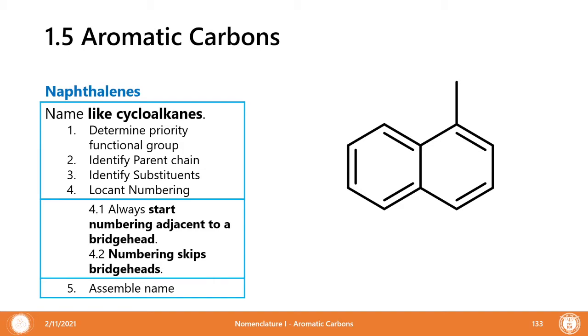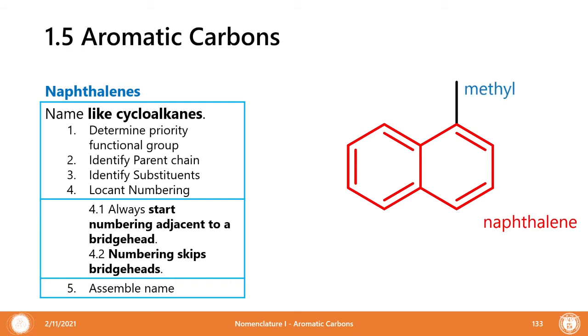They are named like cycloalkanes, and so we term the priority functional group naphthalene in this case. So when you recognize this ring, make sure that it always contains the 5 double bonds and 2 six-membered rings. This is a total of a 10-carbon ring system. And then you name it naphthalene. Okay.